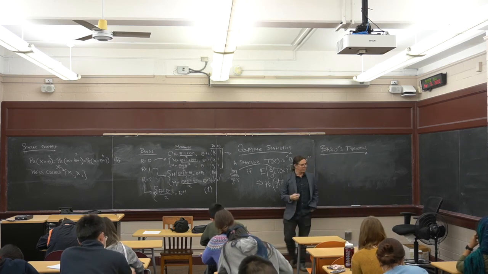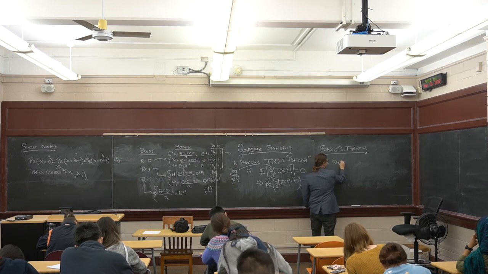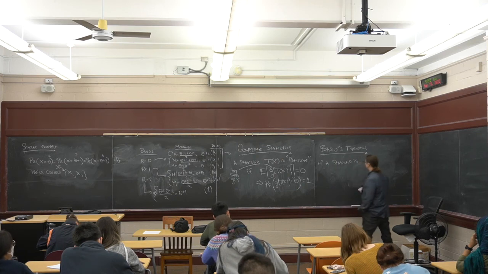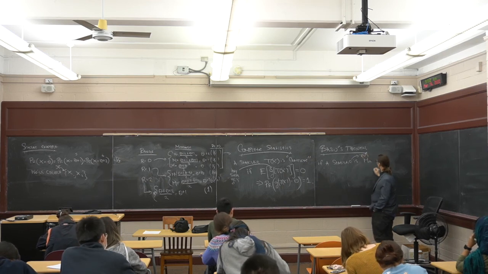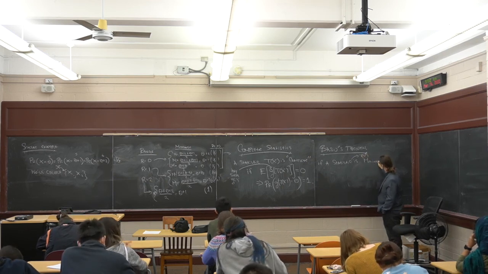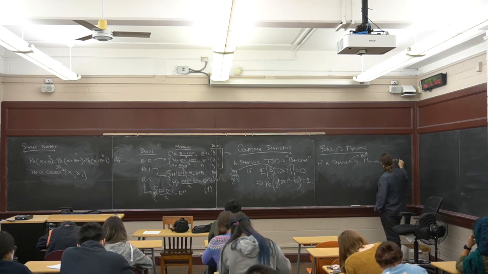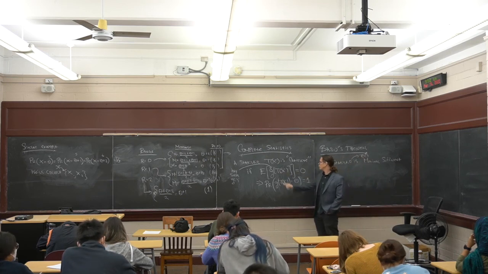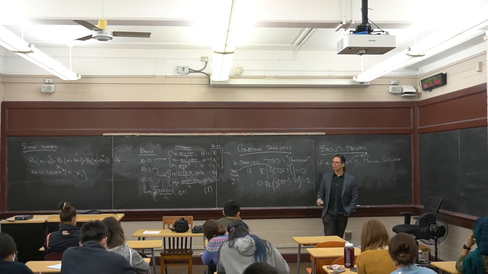So Basu's theorem says this: if a statistic, let's give this statistic a name, T of X, is minimal sufficient, such that this is also true, that for any function g I find that the expectation is 0, that means in probability that function itself is 0.